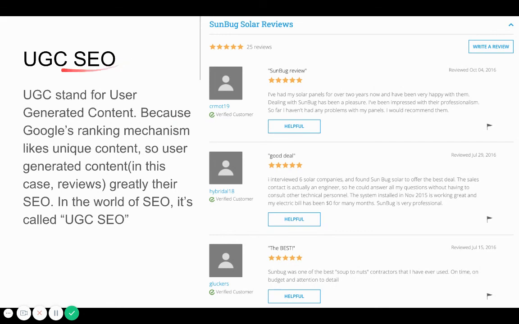And the other thing they've done exceptionally well is called UGC SEO. UGC stands for user generated content, and Google's ranking mechanism likes unique content. The user generated content in this case is the reviews.